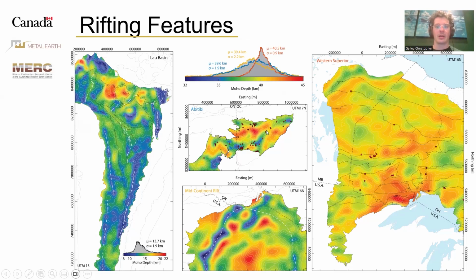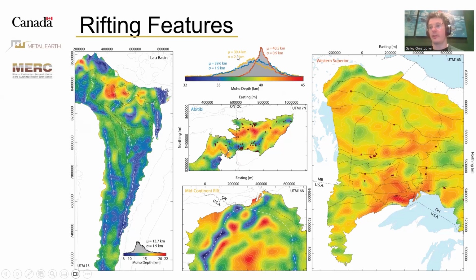We're then looking at the Abitibi model and the Mid-Continent Rift model. The Mid-Continent Rift is part of the Western Superior model. I just took that puzzle piece out and am now treating it as a separate piece for the sake of interpretation. Looking at the region that encompasses the Mid-Continent Rift, this is the yellow here.